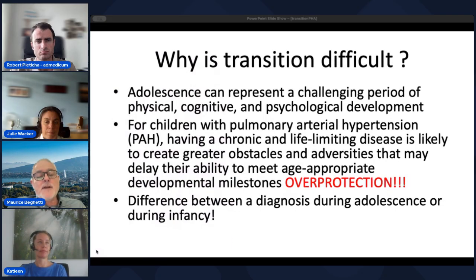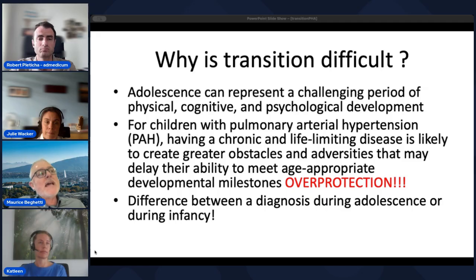So why is it difficult? I told you, adolescence is a challenging period. Physically, because there are changes, cognitive, and psychological. So you have to imagine adolescents may live that with a lot of difficulties. For children with PAH, having a chronic life-limiting disease, because they know that, there is more overprotection than there is even in congenital heart disease.